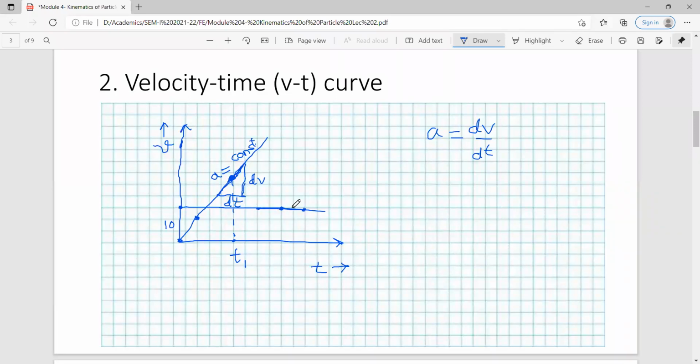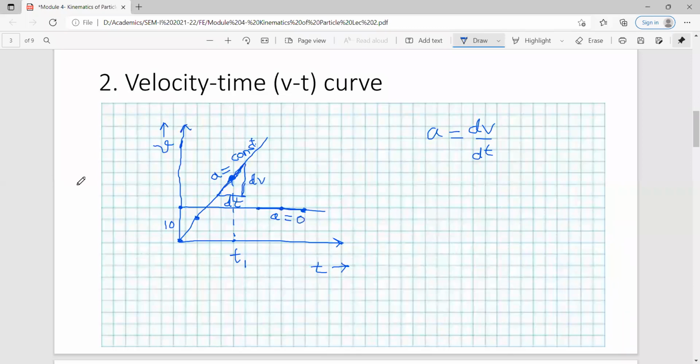See, the first point of the tangent is at the same level and the second point is also at the same level, so change in velocity is zero. There is some change in time, but that doesn't matter. So if change in velocity is zero, then your acceleration will be zero in this particular case. When velocity is constant, acceleration is zero.